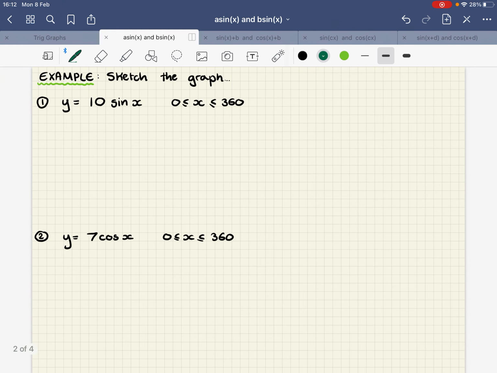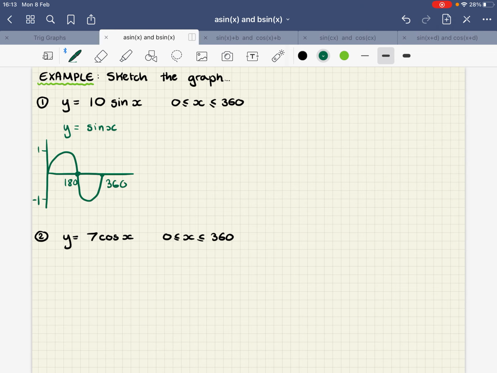So for these ones, we've got: sketch the graph y equals 10 sine x. Now, the first thing I would always do is sketch the basic sine x graph. So my basic sine x graph, remember, it's the s on its side, my maximum is 1, my minimum is minus 1. I pass through at 180 and 360.